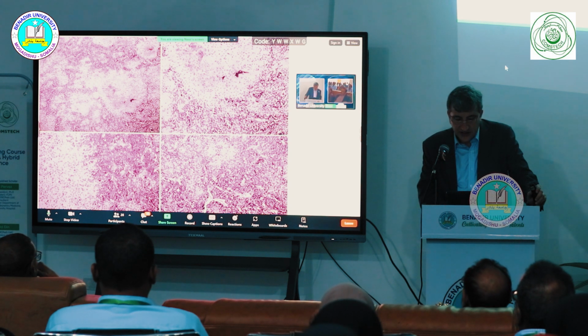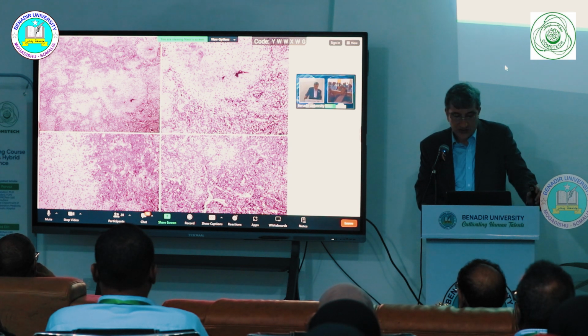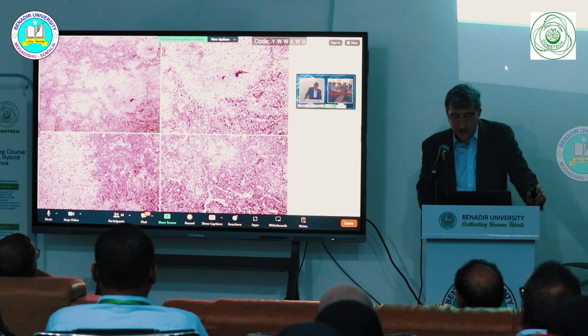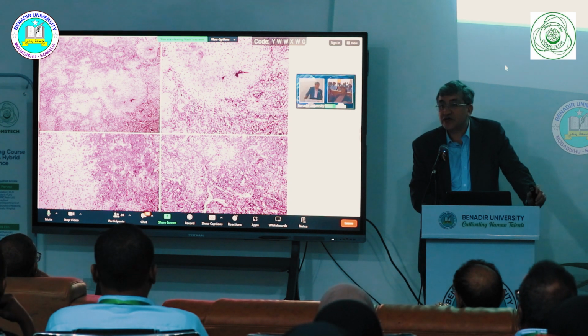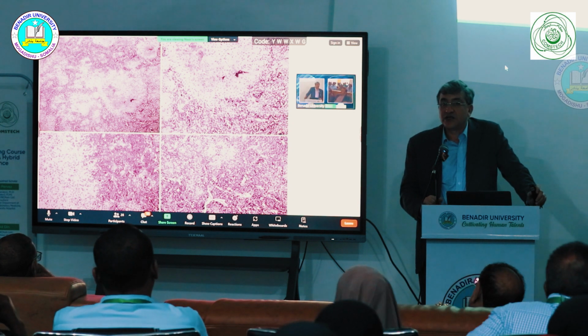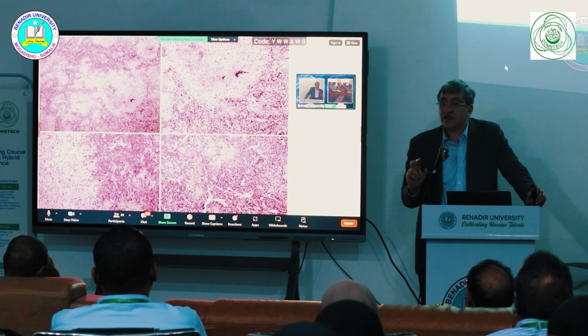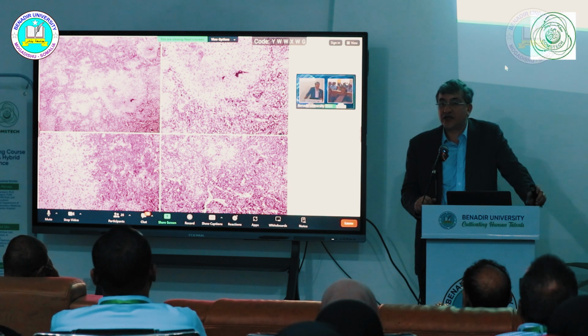Any idea what these foci are? It looks like osteoid matrix, but what about this? What is the morphology of this? Round blue cells. This round blue cell area looks like Ewing sarcoma.